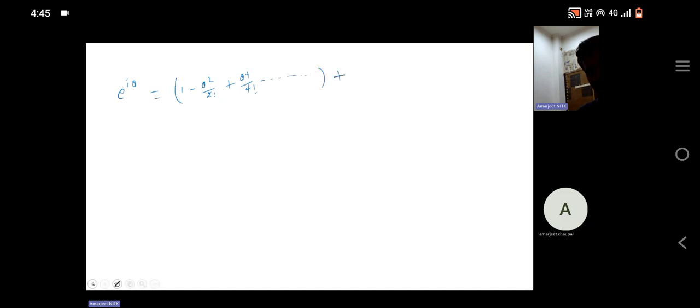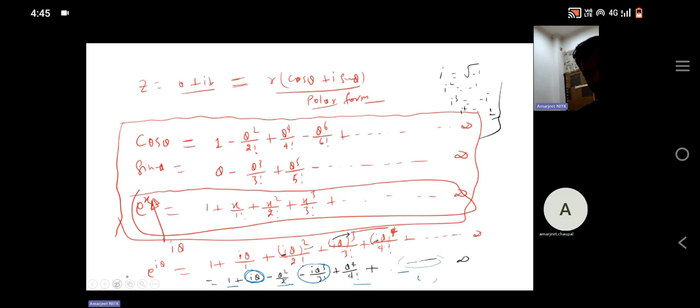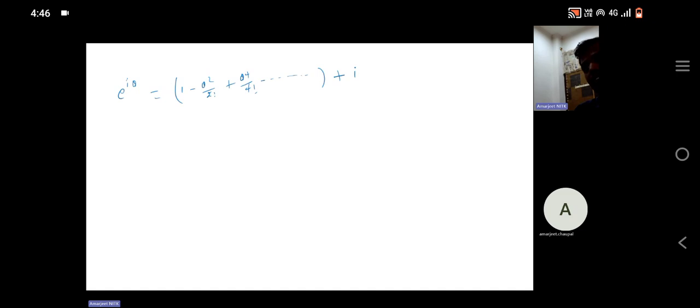And plus the terms containing iota, you can take i common. So theta minus theta cube by 3 factorial, next will be theta 5 by 5 factorial minus, like this, up to infinity. Here also up to infinity. So this is what? This is the expression for cos theta.